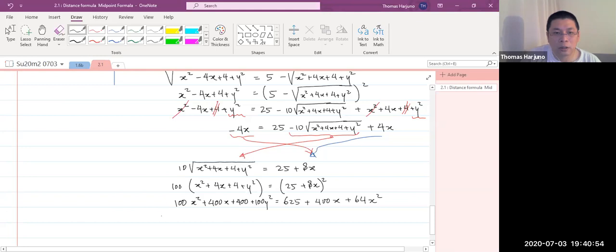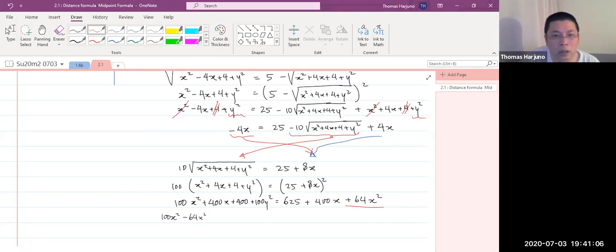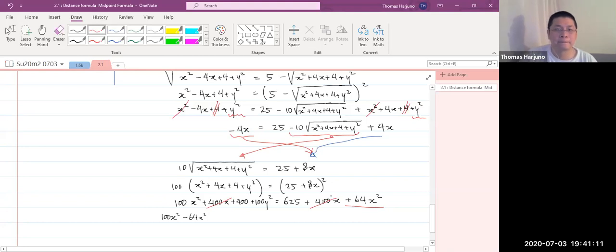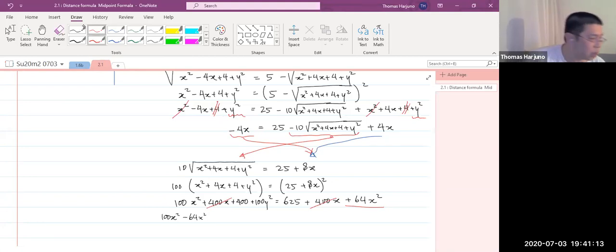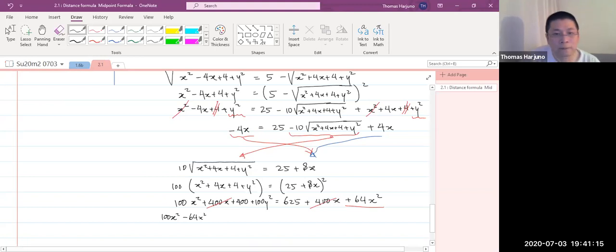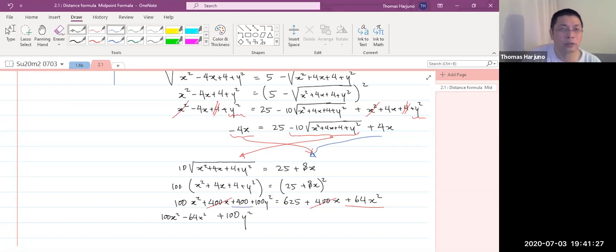Then 100x squared minus 64x squared, right? So I move this to the left. Oh, the 400x cancels, huh? Lucky us. Plus 100y squared. And I will then move my 400 to the right.